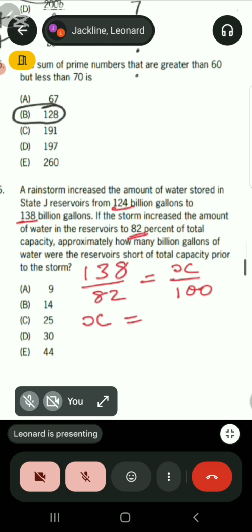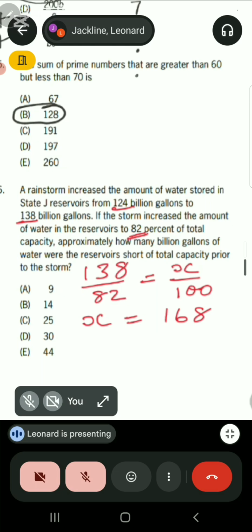138 times 100 divided by 82 gives 168. Okay, so the full capacity is 168.